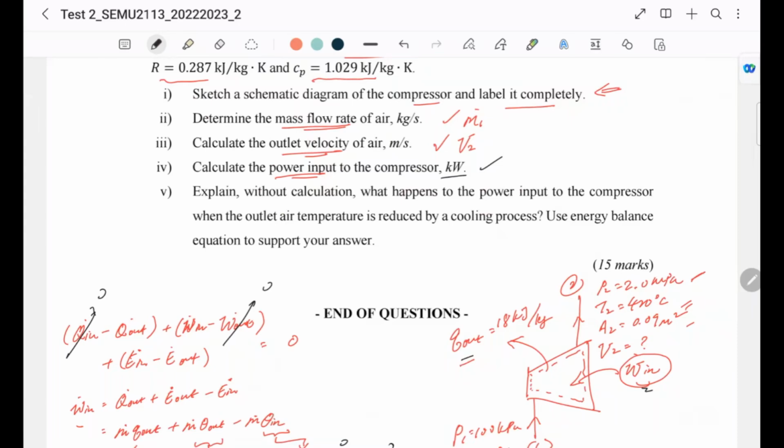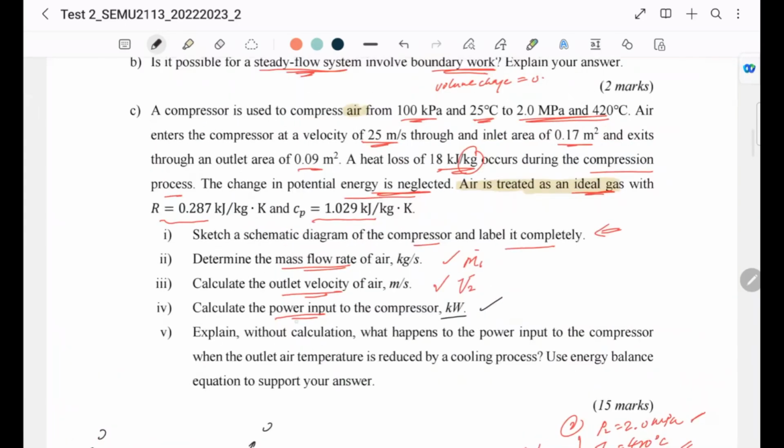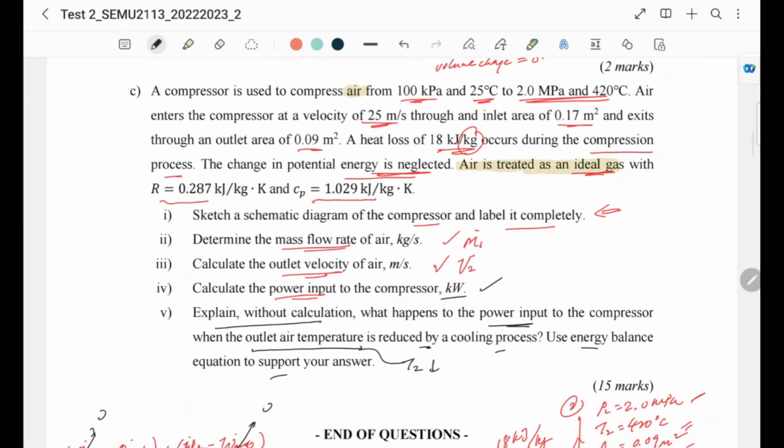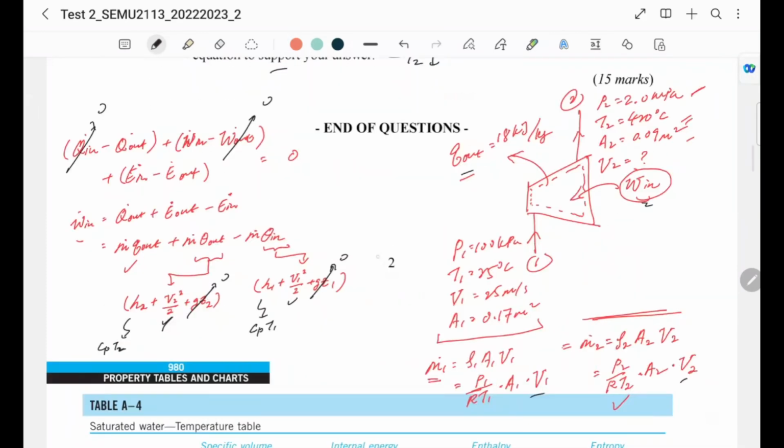Okay. And the last one: explain without calculation what will happen to the power input of the compressor if the outlet air temperature, which means T2, is reduced by cooling. If T2 drops, then what will happen? Use the energy balance equation to support, which means this equation.